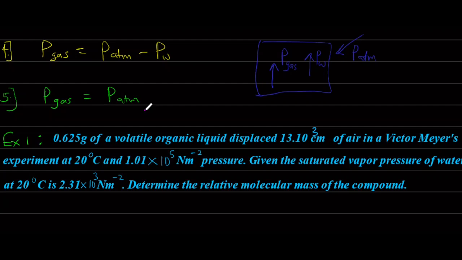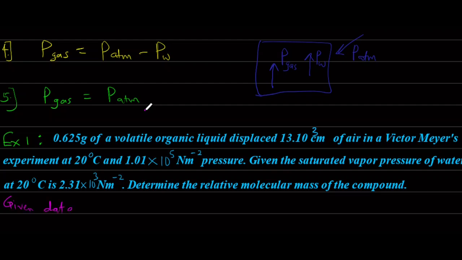Given the SVP of water at 20 degrees Celsius is 2.31 exponential 3 Newton per meter square, determine the relative molecular mass of the compound. You can feel free to pause the video to try it. So let's get started.